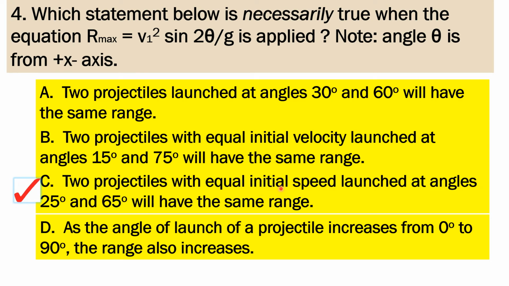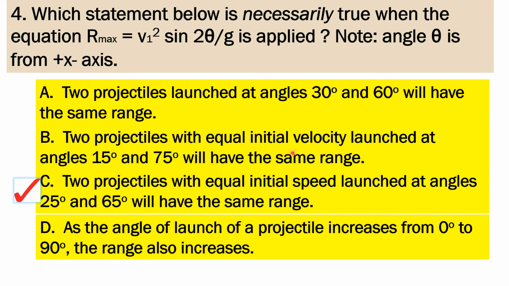When we say the two projectiles are of the same initial velocity, it should mean that the magnitude of the velocity of the two projectiles must be the same, and their directions must also be the same.